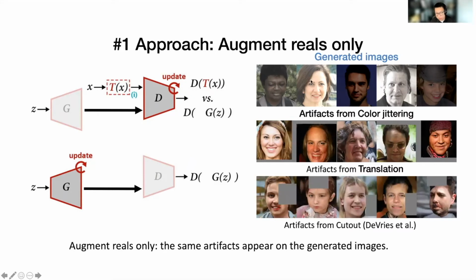If you apply cutout, your generated image will also get cutout artifacts. So the issue here is, before, when people applied the augmentation to images, the images were the input of the system. Now the image is the output of the system. So if you apply any kind of augmentation, the new output will carry this kind of augmentation. So that doesn't work. And people have tried that before. They mentioned in a paper that the augmentation doesn't help precisely because of this issue.